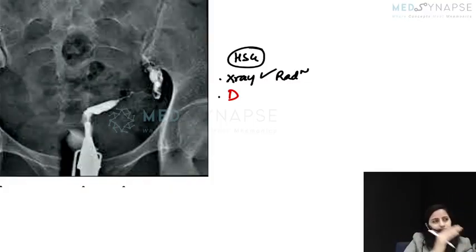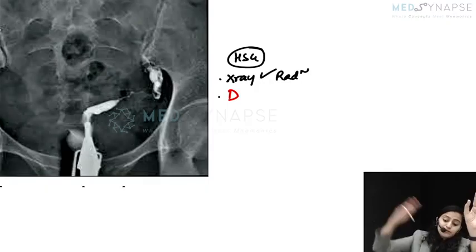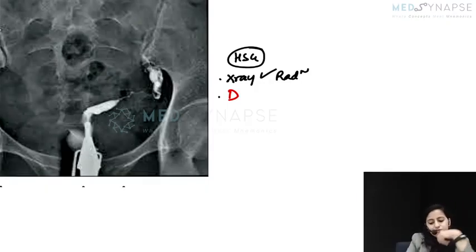So do it early, before the ovulation. We will not do it on day 3 because day 3 is still menstruating. The endometrium has not healed. You push the contrast, which can cause damage to the endometrium. So you wait for the menstrual period to get over, but you do not do it after 10 days. So it is like day 7 to day 9. Right? Remember, it's best done at that time.